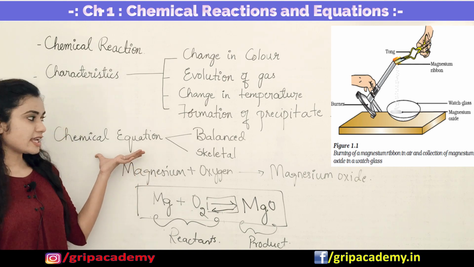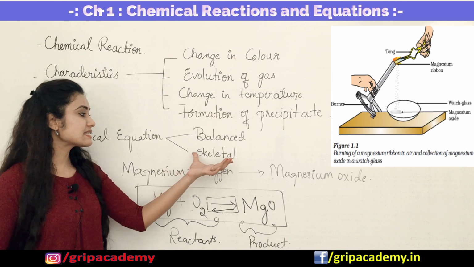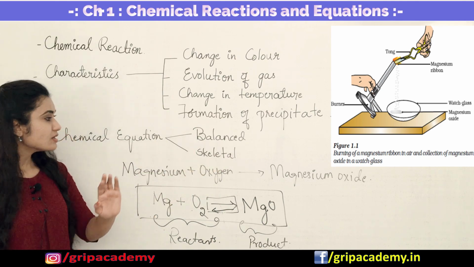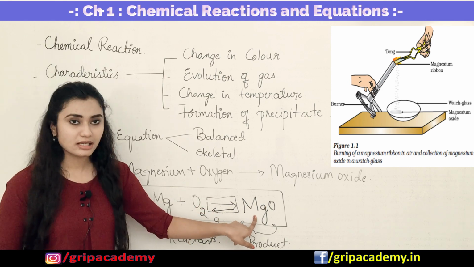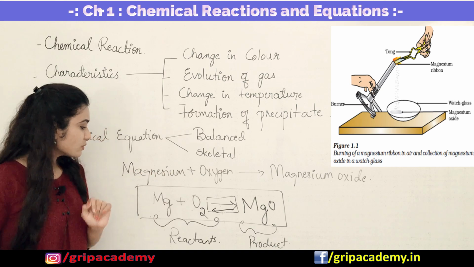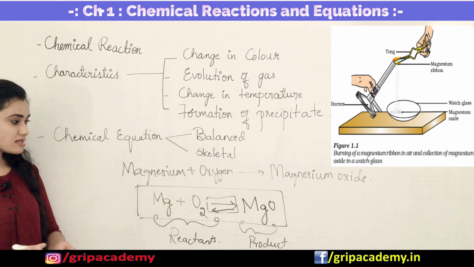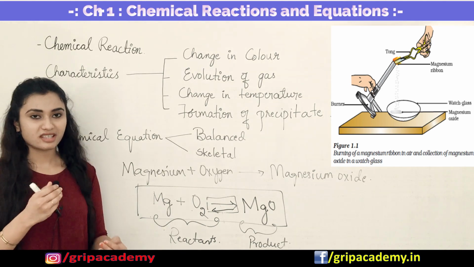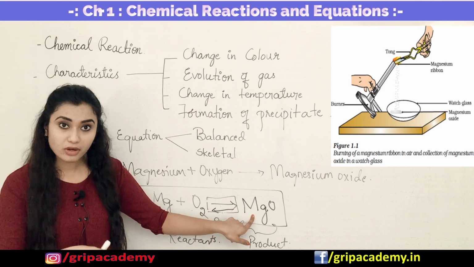Now in chemical reactions we have balanced chemical equations and skeletal chemical equations, okay? If you see here, when you combine magnesium and oxygen, you get magnesium oxide, right? Do you think this is a balanced equation, which means the number of atoms you are taking for the reaction is the same as in the product?